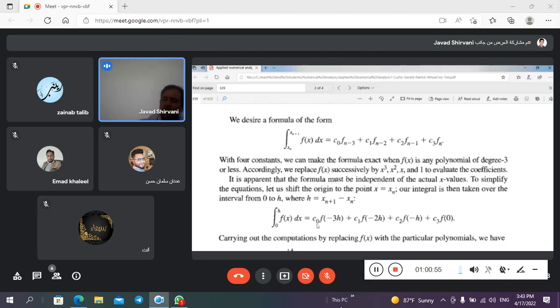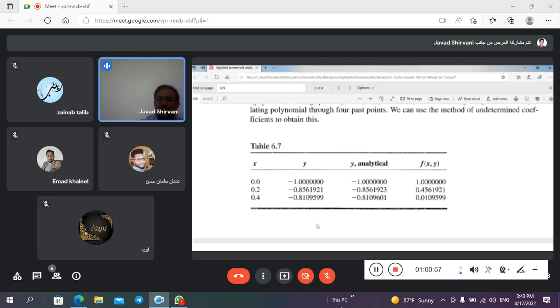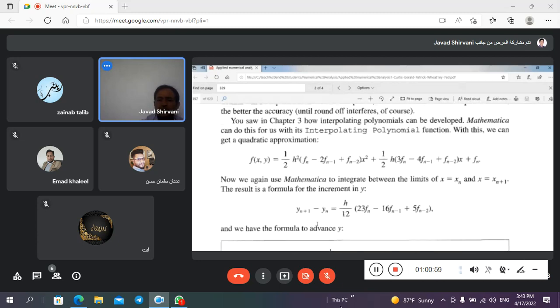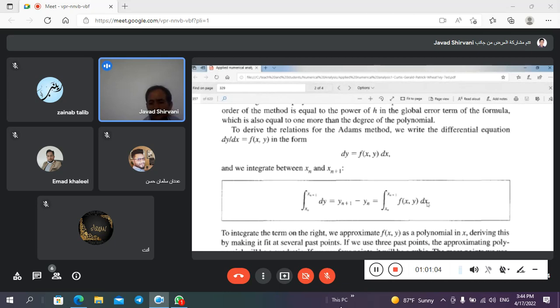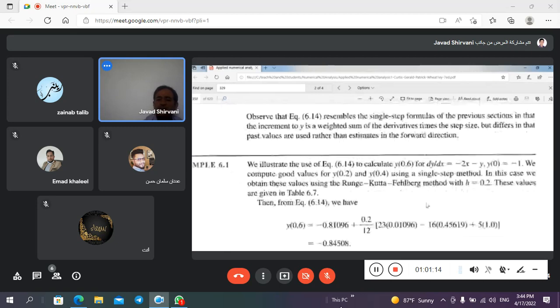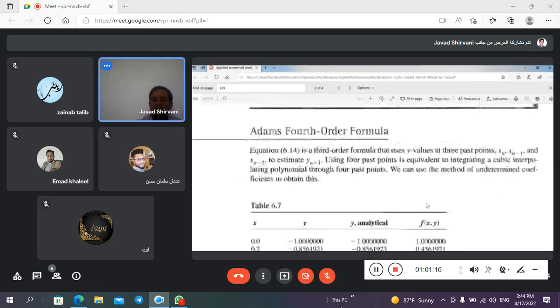We can use this integration right here in this formula. This is our integration, and we can get y as the integral of f with respect to x.